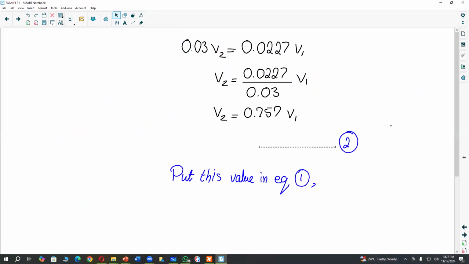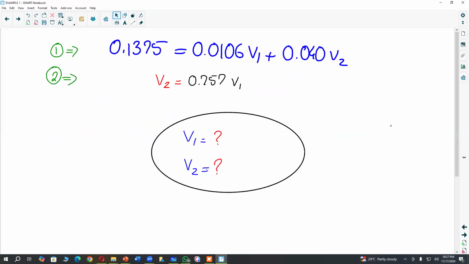I have made V2 subject. You can make anything subject from the second equation, V1 or V2. Okay. Now, these are the two equations you have to solve and get the values of V1 and V2.